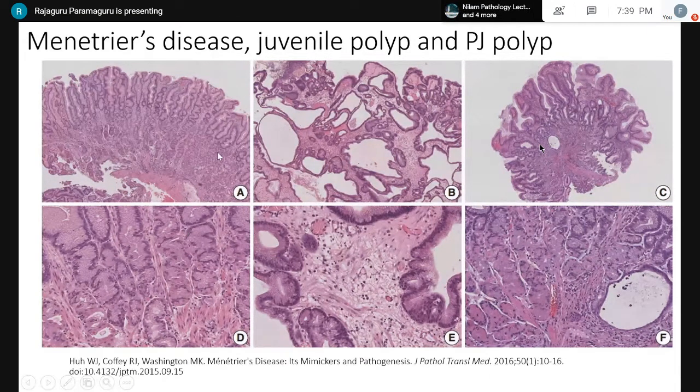The important point is that you might have a doubt, or difficulty, in differentiating this from a reactive gastropathy. But the answer is no, because the foveolar mucin is not attenuated in the case of Menetrier disease.